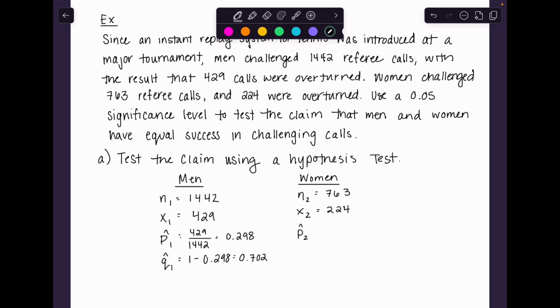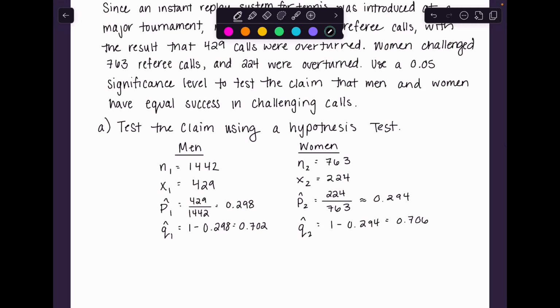So the sample proportion for this population is 224 out of 763. So rounding that to the same number of decimal places, around 29.4% were overturned. So that complement is 1 minus 0.294, giving us that 70.6% of calls were not overturned.